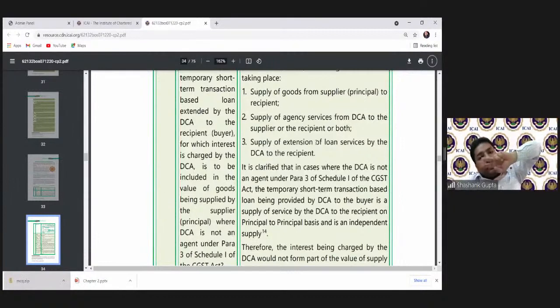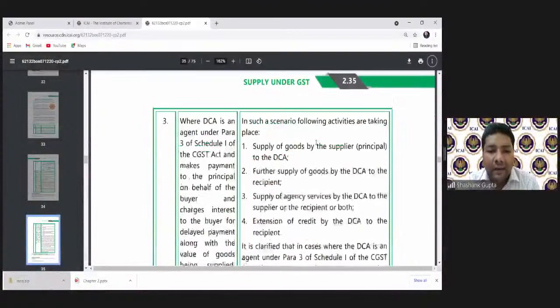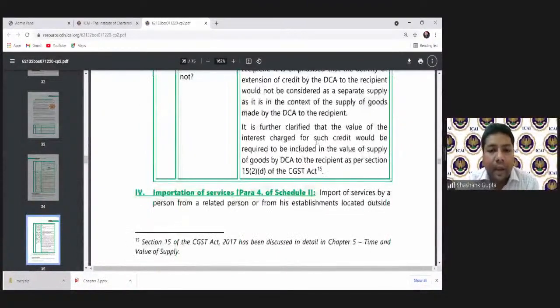Secondly, for the loan that it is giving and the interest that it is charging, if the del credere agent is covered under Schedule 1, extension of loan will be subsumed; if it is not covered under Schedule 1, extension of loan will become a separate supply. Interest charged on it will become separately taxable, if at all, and this will not be included in the valuation of goods.